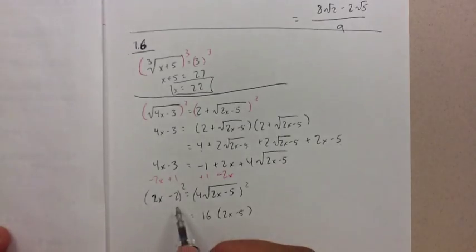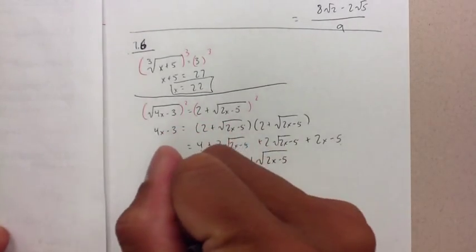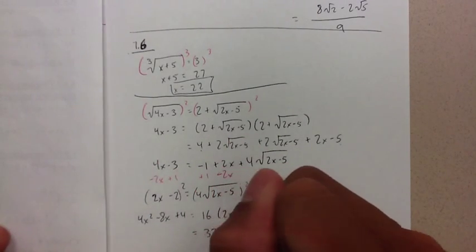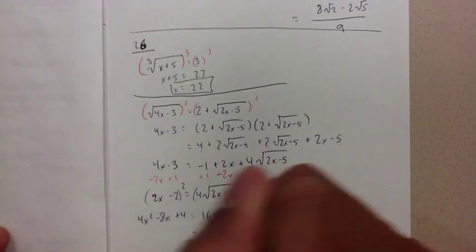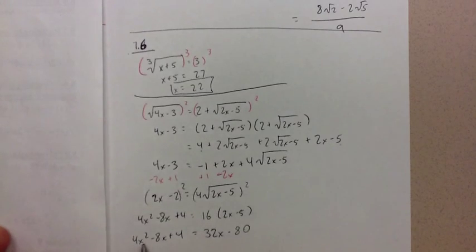This one I'm going to FOIL again. This is going to be 4x squared minus 4x minus 8x plus 4. Distribute. And start moving things over, because I now just have an x squared.